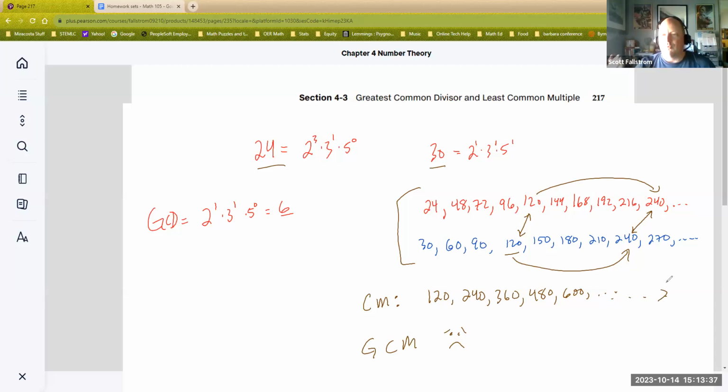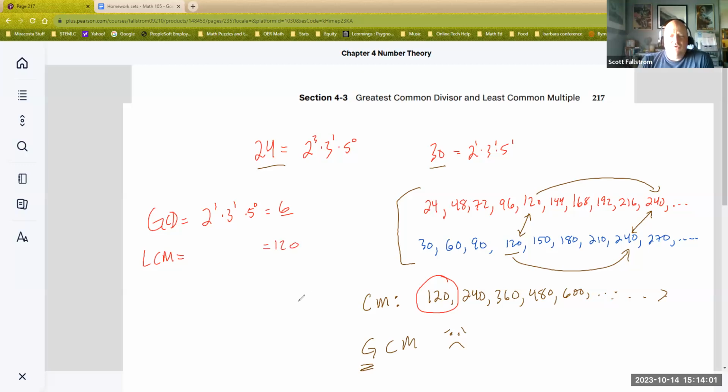I can always find one greater than whatever you think the greatest common multiple is. That's why we don't have a greatest common multiple. But we can have a least or smallest common multiple, and that would be 120. So the least common multiple is the number 120.